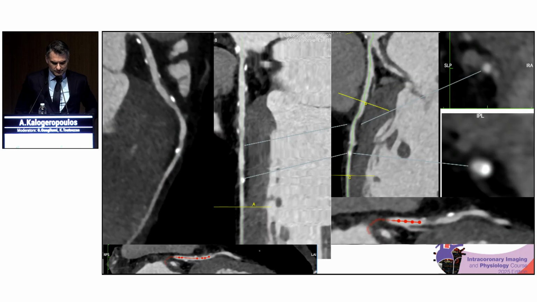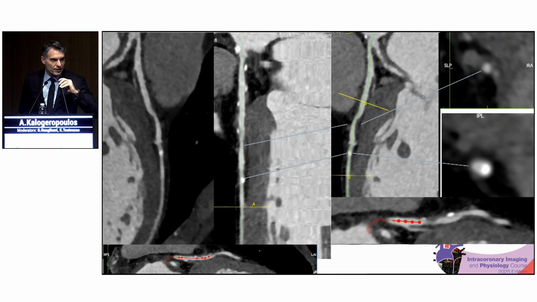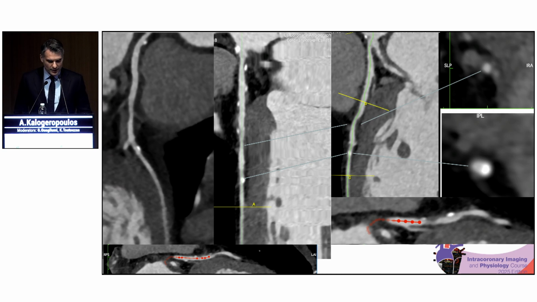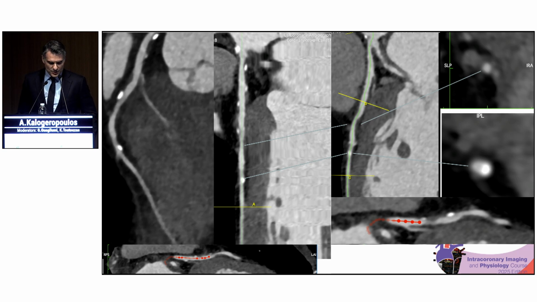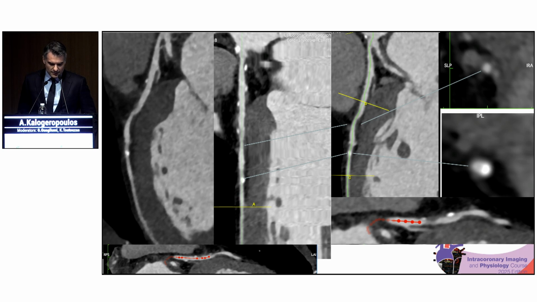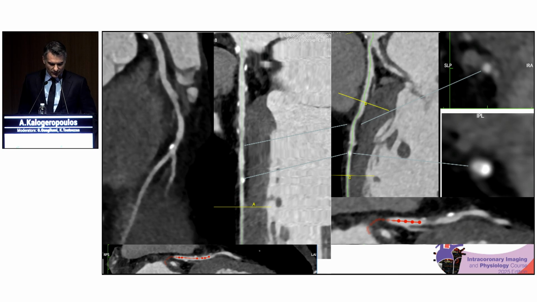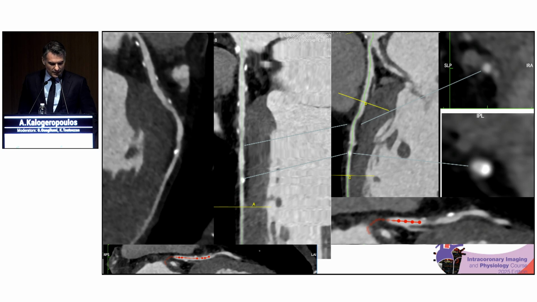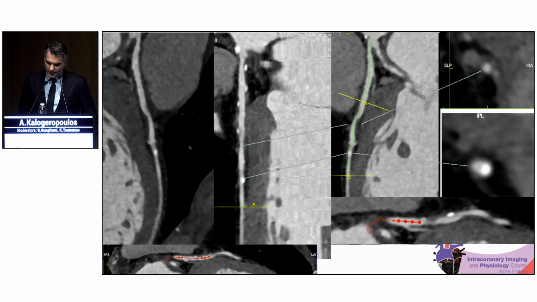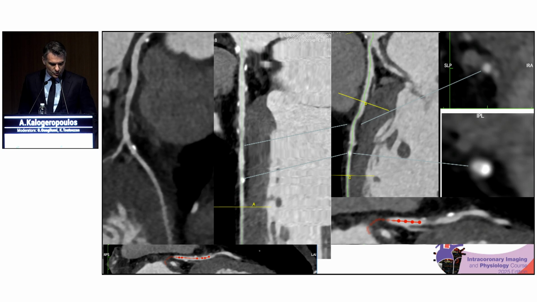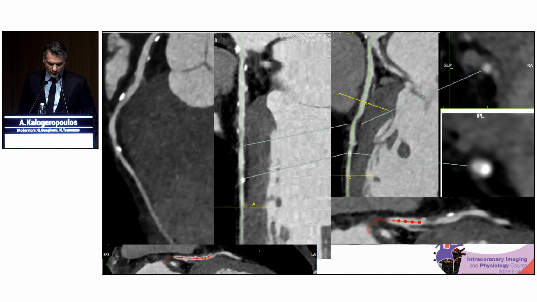So now I'm going to focus on the target vessel, which is the LAD. Here we have a long diffuse disease. We can appreciate there's a mixed soft plaque, but also calcified plaque. We can see that we have lesions in the bifurcations. There are two large diagonal branches.